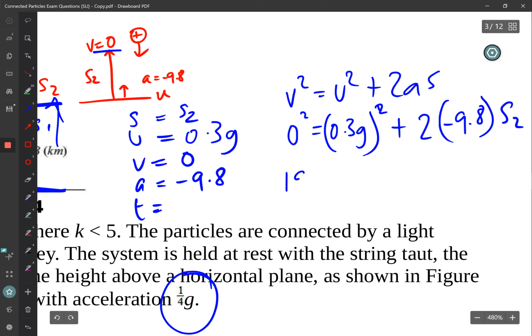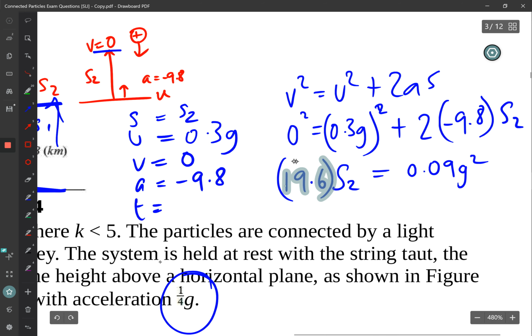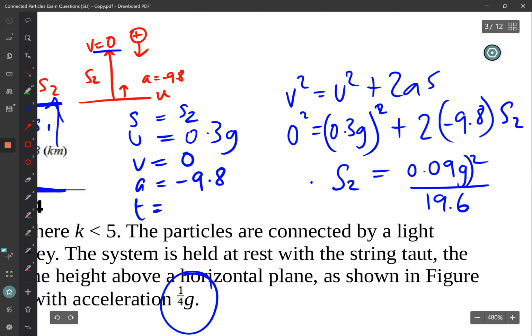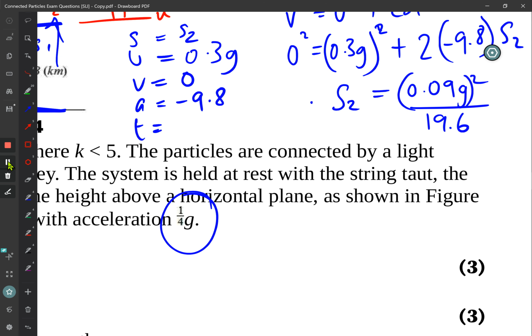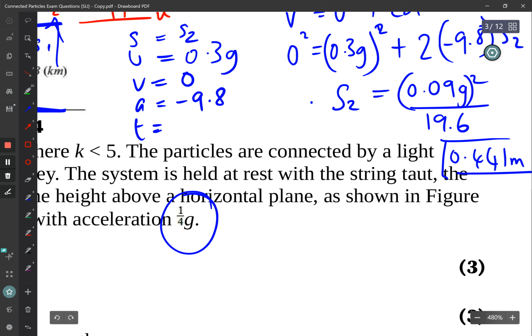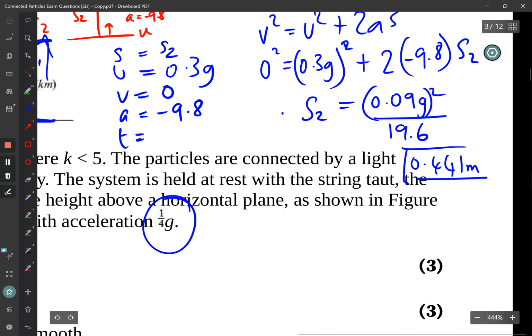Rearrange this, you get 19.6 s2 is equal to 0.09 g squared, and then you divide both sides by 19.6. Put that in a calculator. You have to square the whole thing, and you get 0.441 meters. So then this is the distance traveled for the red part of the journey here.